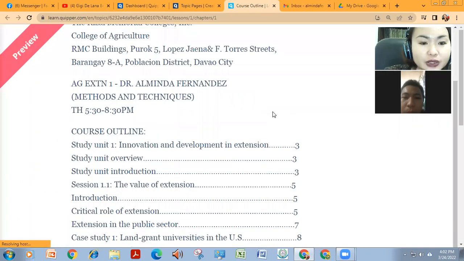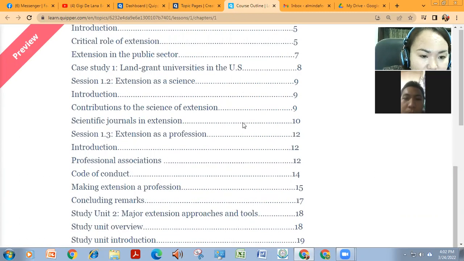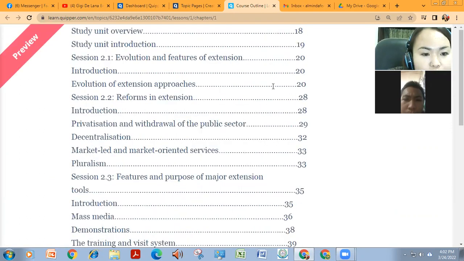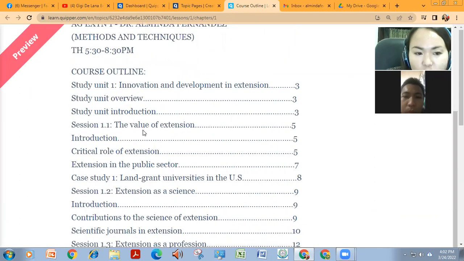So, this will be our outline for Agriculture Extension 1 Methods and Techniques. And we have sections, no? Sessions. Anyway, first is the unit. What I mean is study unit, and this will be divided into prelim, midterm, final, no?